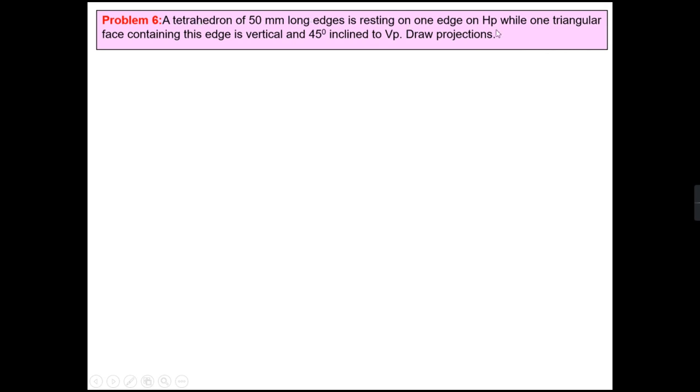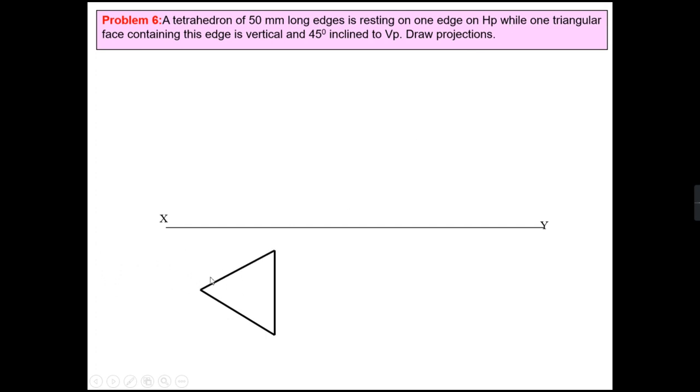So first of all, I will take the tetrahedron standing on the horizontal plane. So I will draw these lines, right? It is a 60-degree angle because the sides are equal. Then I have to find the center point of this tetrahedron.